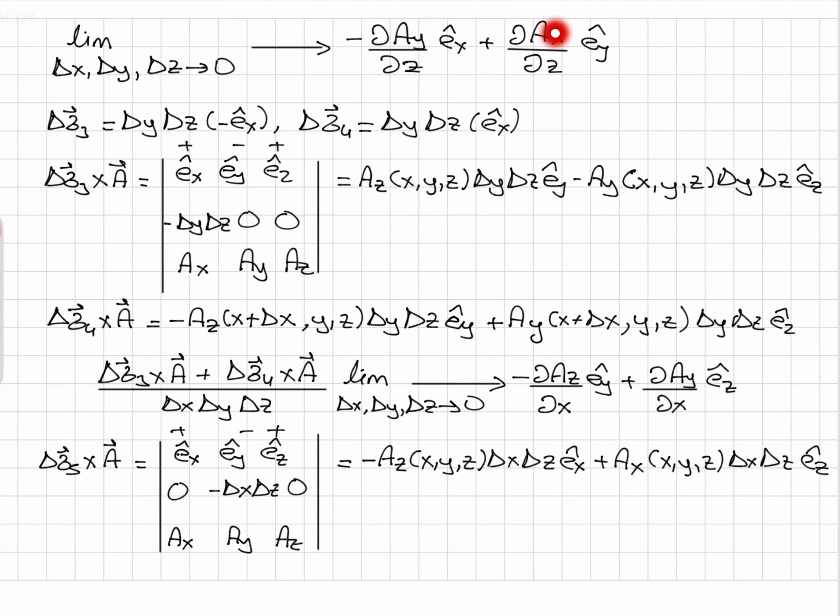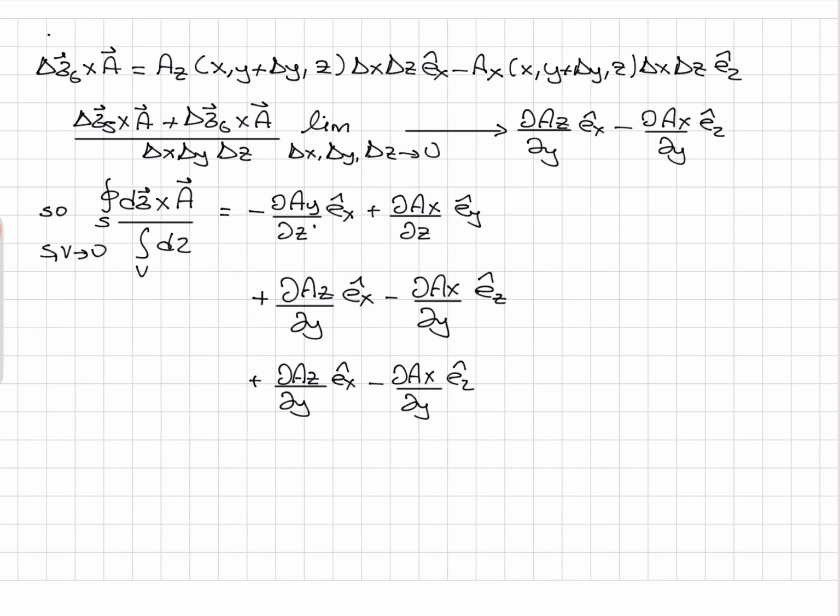For delta sigma 3 and delta sigma 4, minus del Az del x ey hat is what we obtained.